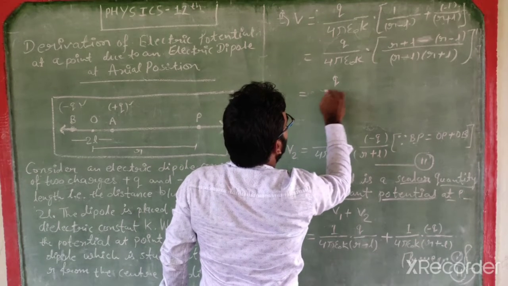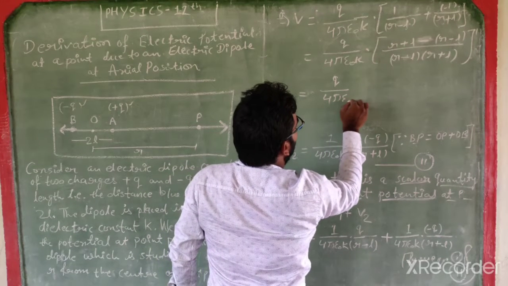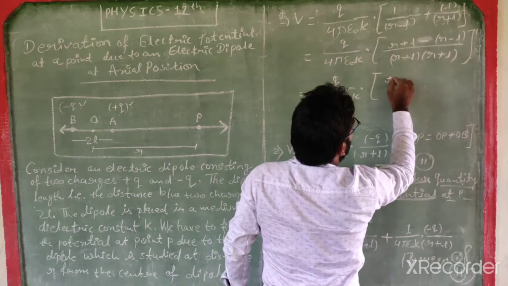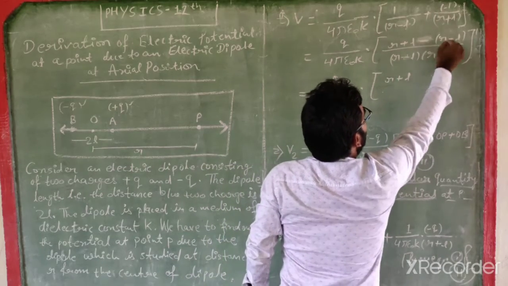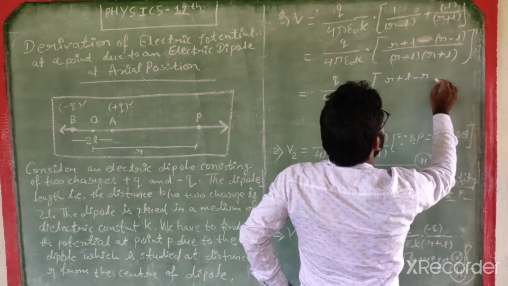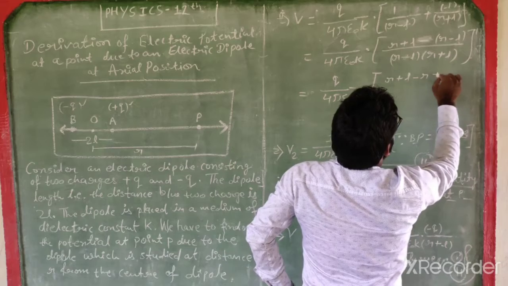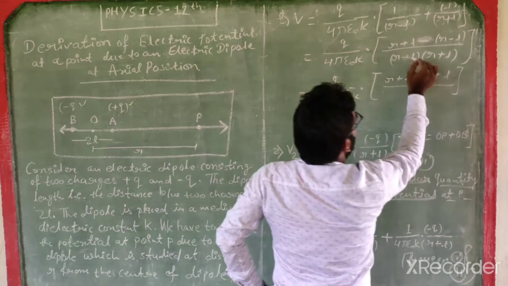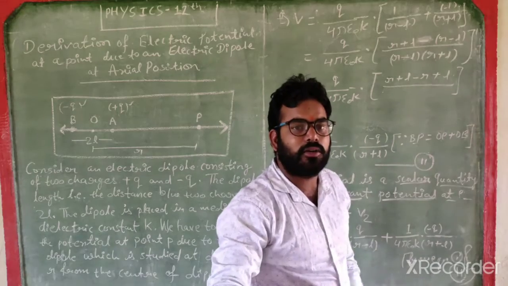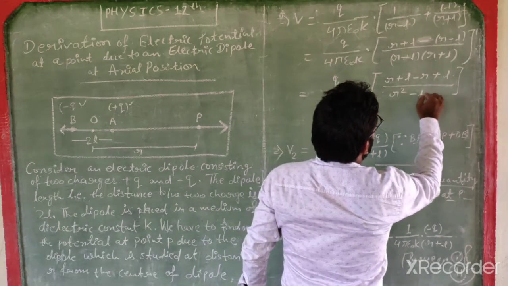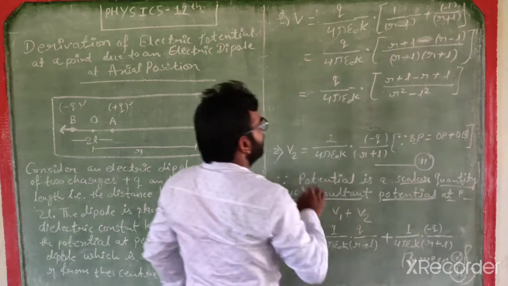This is equal to Q upon 4 pi epsilon naught K into R plus L minus R plus L, and A minus B into A plus B is equal to A square minus B square, so R square minus L square.